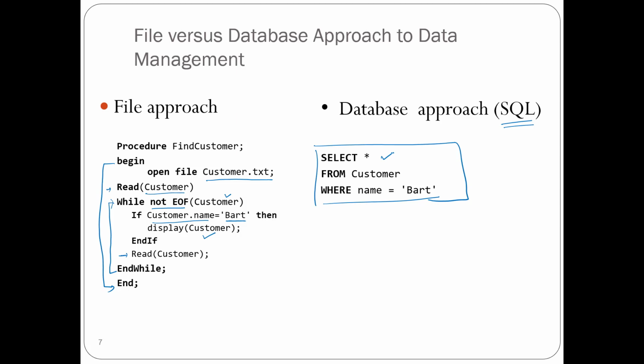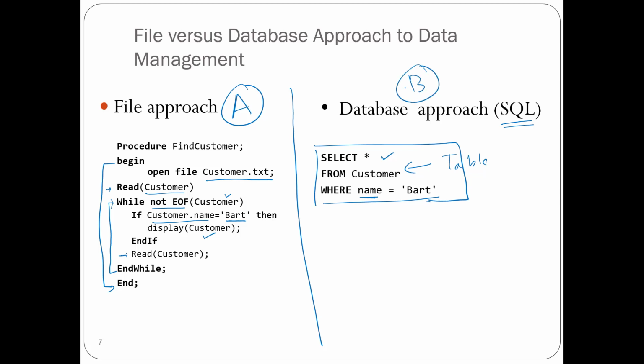When we say select star, that means we are interested in all the records of the customer, and this data is coming from a table. We have this concept of table, which we will learn about soon. And from that table, we want all the records of only the person whose name is Bart. My intention here is not to explain how a SQL query works, but just to highlight the difference between approach A, the file-based one, and approach B, the DBMS approach to accessing the data.